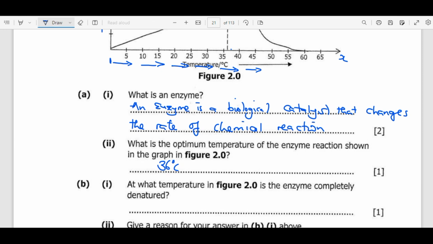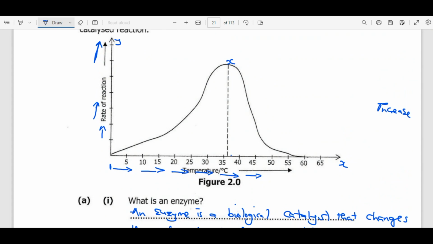And then we can move on: at what temperature in figure 2.0 is the enzyme completely denatured? When we say denatured, it means that it has stopped performing its functions. When an enzyme is denatured, the reaction comes to an end. The graph shows how the enzyme activity was rising because of the temperature.